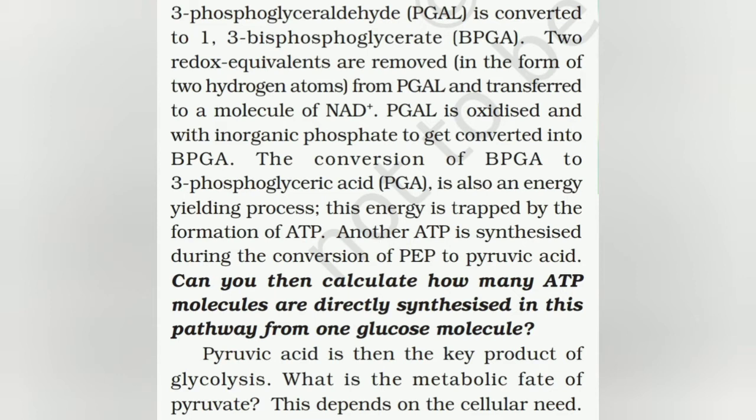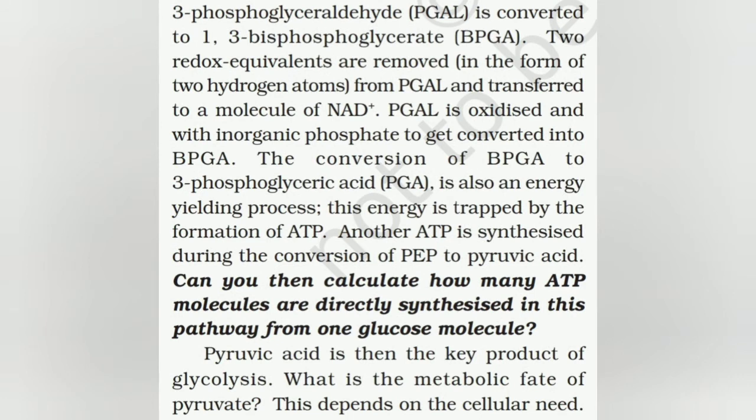Two redox equivalents are removed from PGAL and transferred to the molecule of NAD+. PGAL is oxidized with inorganic phosphate to get converted into BPGA. The conversion of BPGA to 3-phosphoglyceric acid, that is PGA, is also an energy-yielding process. This energy is trapped by the formation of ATP.